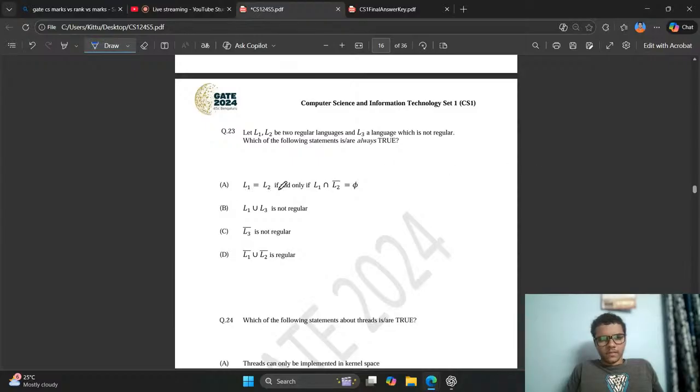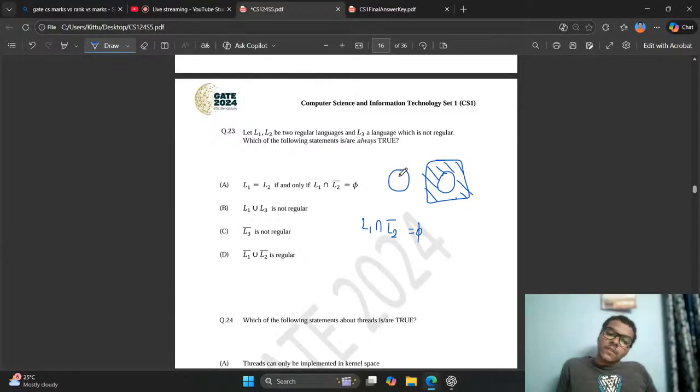L1 is equal to L2 if and only if L1 intersection L2 complement is equal to null.